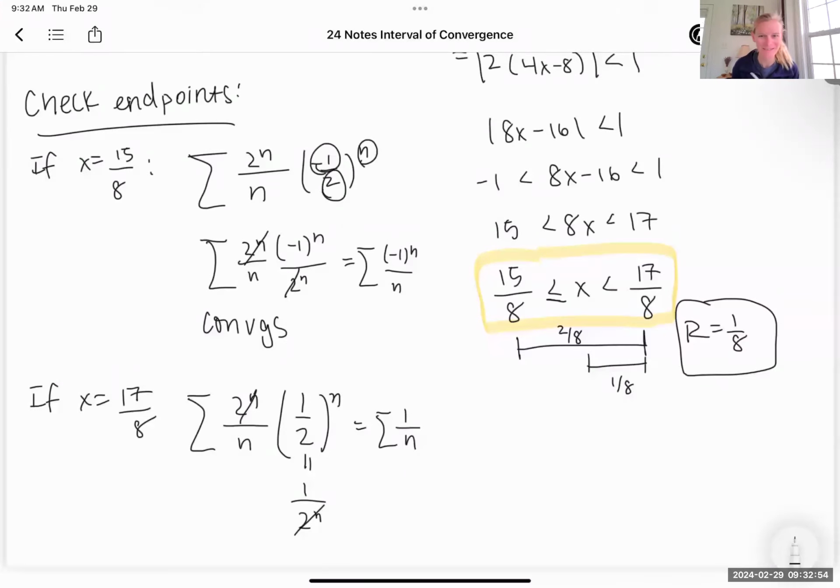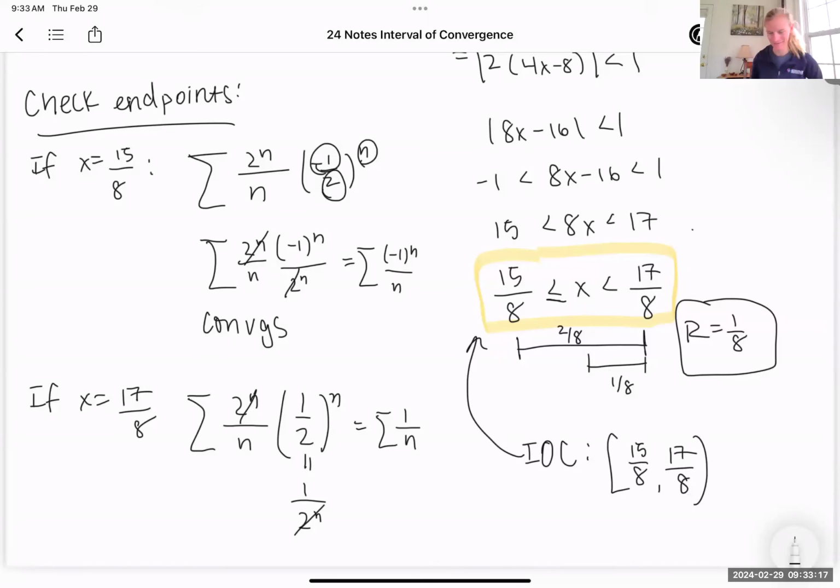We're going to be left with the harmonic series, which diverges. So we will not include the 17/8 in our interval of convergence. So our interval of convergence, which I usually denote IOC, is this expression up here. If we write that like this, we get 15/8 to 17/8, not including the 17/8.